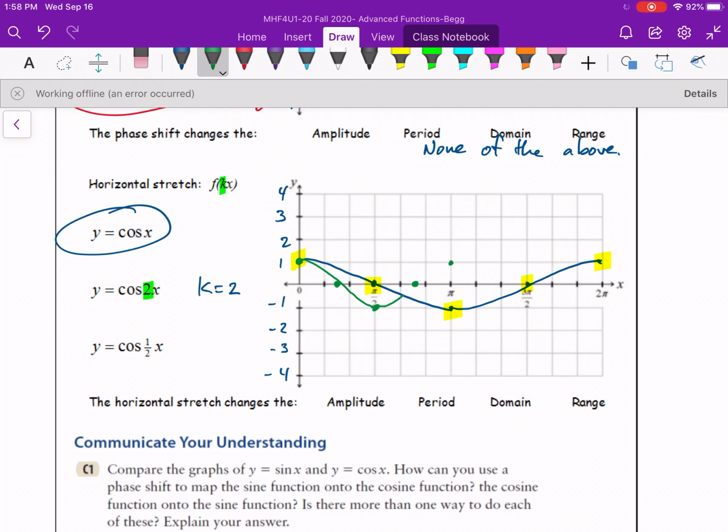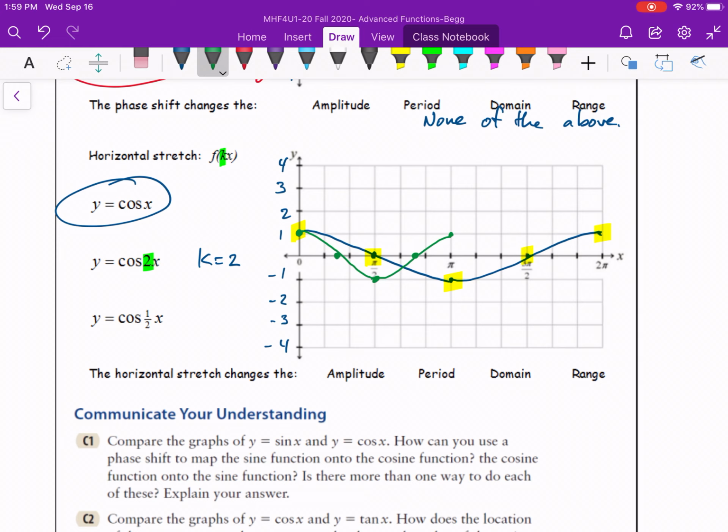Same shape. And I should keep going though. It's bad form to stop there, so if I've got more room left in the graph, just keep following the pattern. You can see that there's a new dot every block and a half horizontally, and they keep following that up and down pattern. So just keep going until you run out of room.